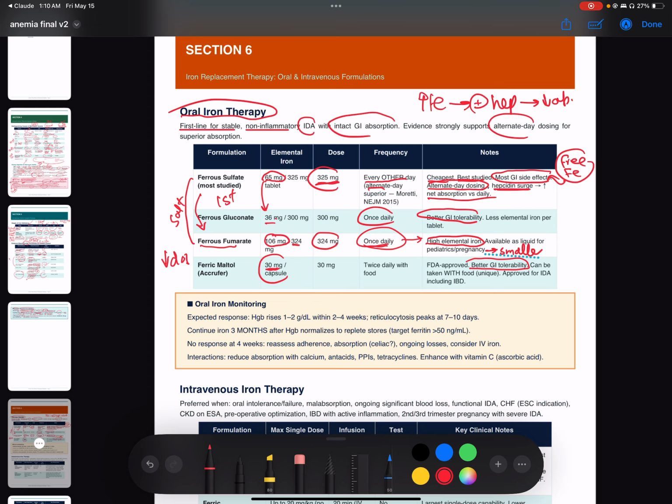The second thing, it's not a salt, and the salt can irritate the stomach, but in ferric maltol the iron stays bound to the maltol, so it doesn't detach and cause this iron irritation to the GI mucosa. Since it's a smaller dose, you need to give it twice daily, so you need to increase the frequency.